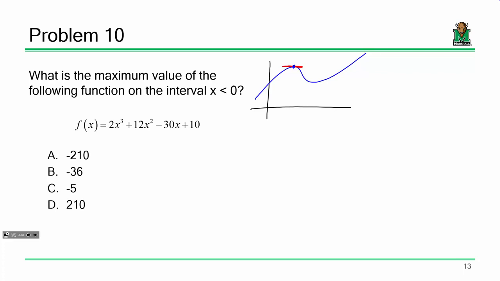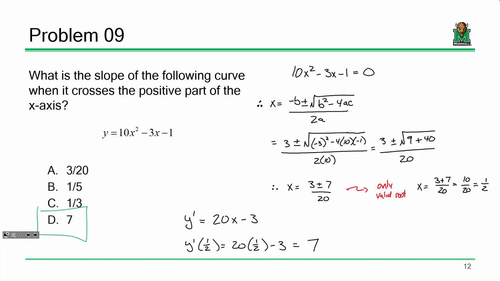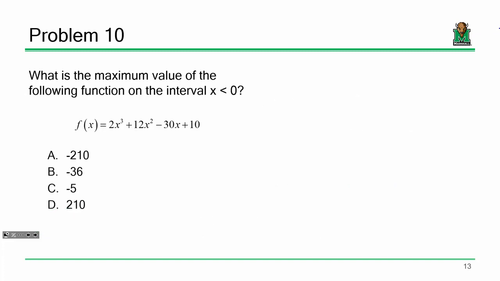So what is the slope of that horizontal line? 0. And how do we determine a slope? We just did that. How did we get the slope of this curve? Take a derivative. So we need to take the derivative of this. So f prime is what? You tell me what the derivative is.